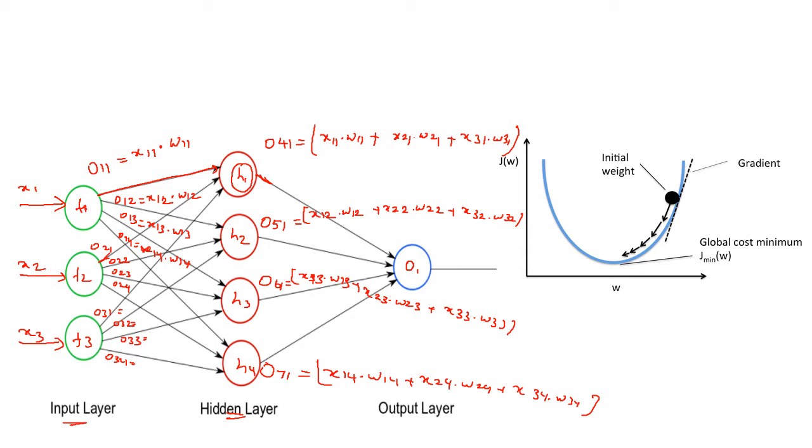This is the value of O71, the output of this particular node. And when we come to here, all these node values will be summed here, right?